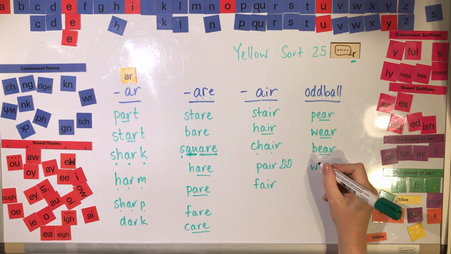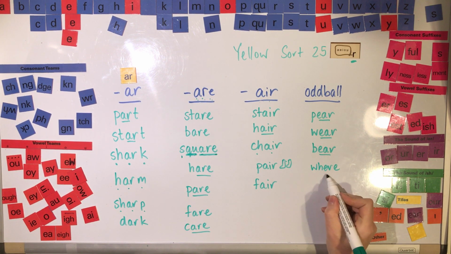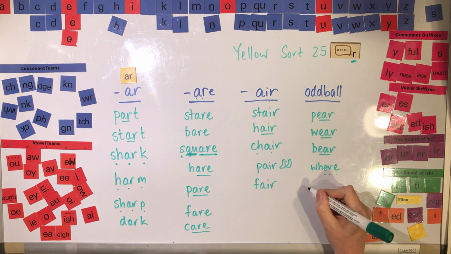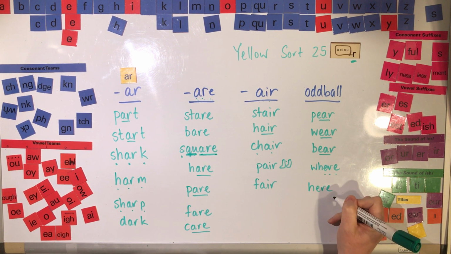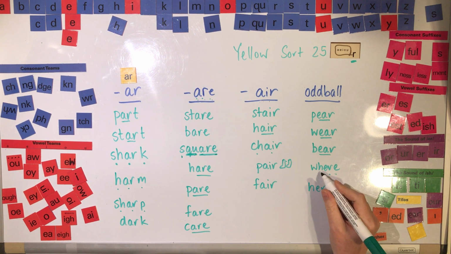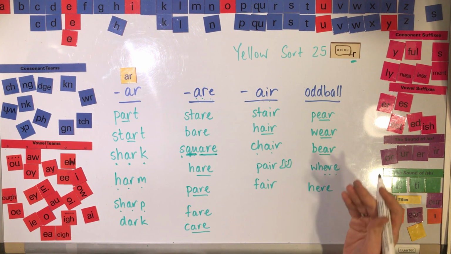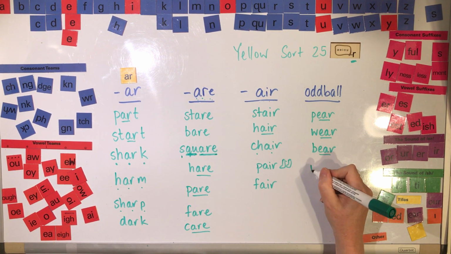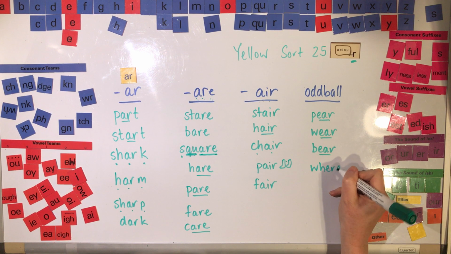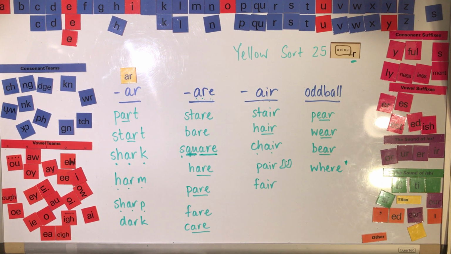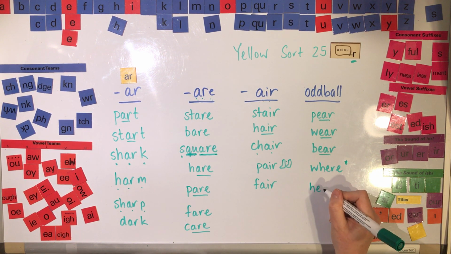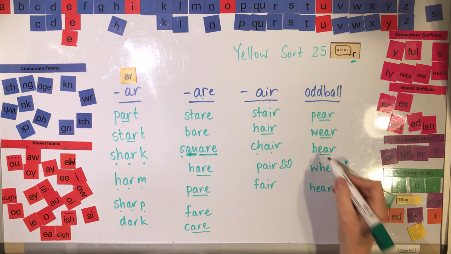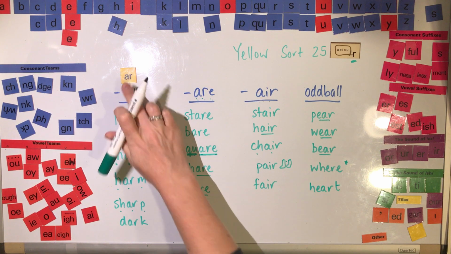And we've got where, as in where are you? This is not a rule player at all. This is an unusual word. Because when we have H-E-R-E, that says here. And then we add W, suddenly it says where, making the air sound. Sorry, I'm just going to rewrite it because that was messy. Where is a true oddball. And we've got heart. The reason this is a rule breaker is because it's using this E-A-R sound, but it's making the R sound.